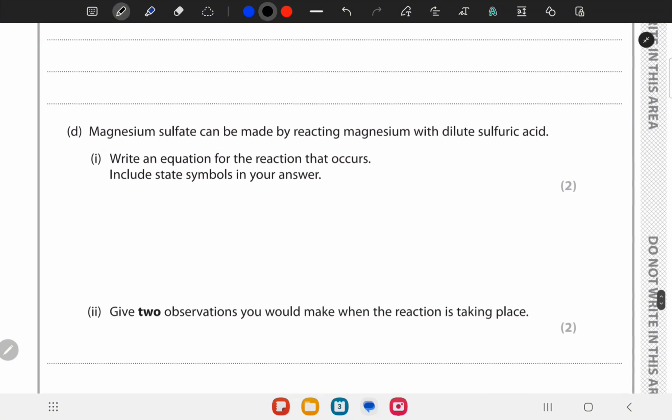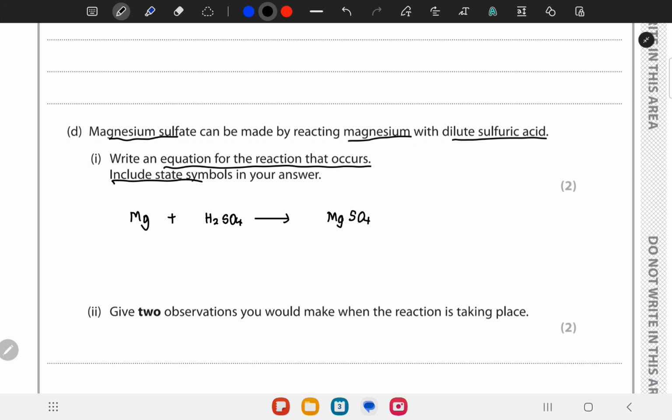Moving to part D, we are told that magnesium sulfate can be made by reacting magnesium with dilute sulfuric acid. We have to write an equation for the reaction that occurs, including state symbols. So magnesium plus dilute sulfuric acid, H2SO4, results in the formation of magnesium sulfate, MgSO4.